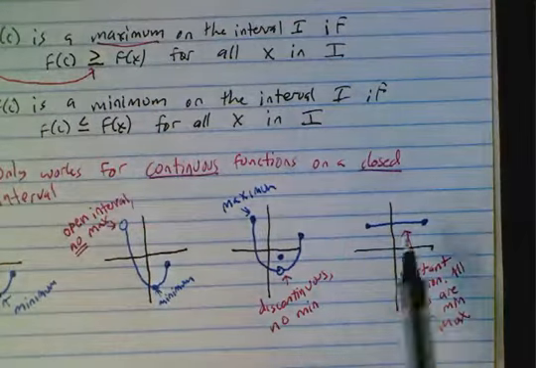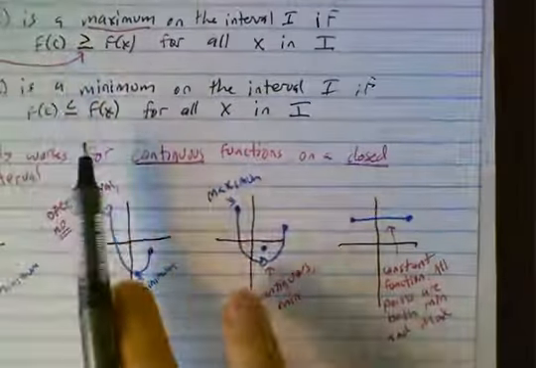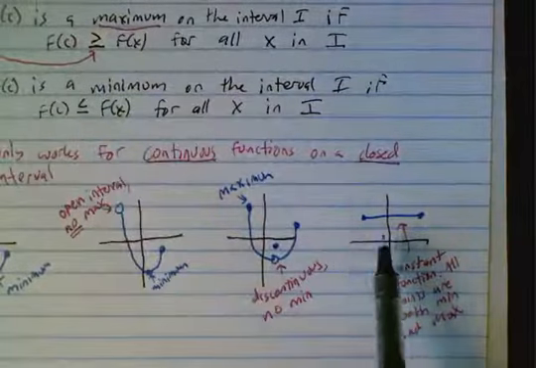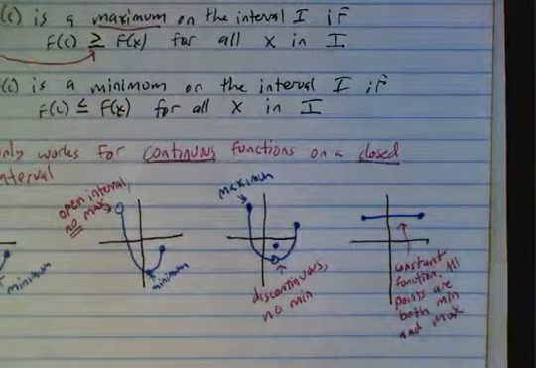Because this means that these are always true as long as we have that little equal sign, so even in these situations there's still a maximum and minimum, it's just all points.